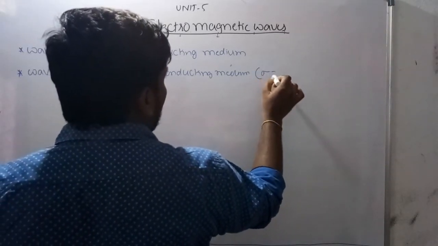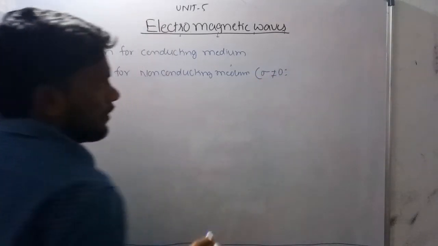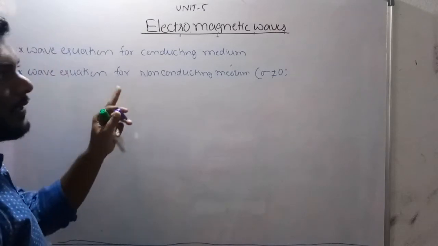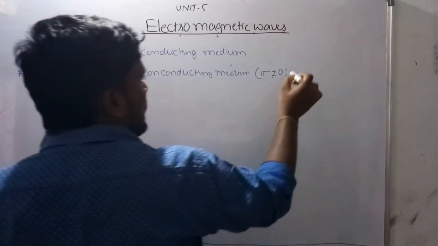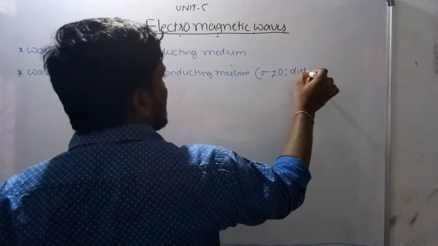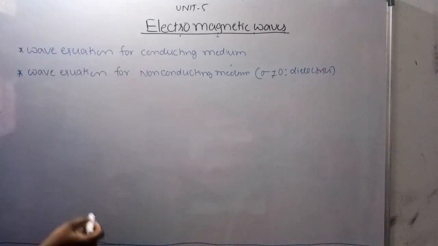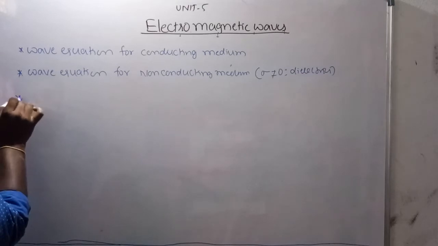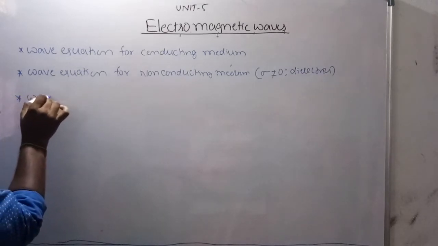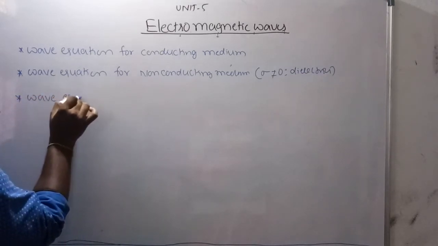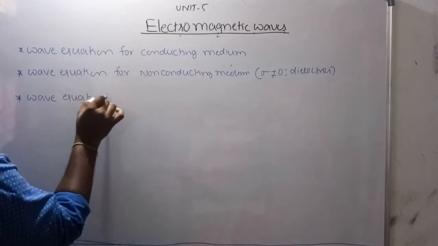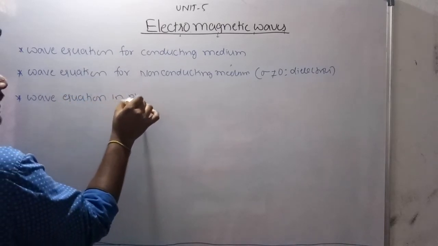In non-conducting materials, the conductivity is not equal to 0. These are called dielectrics. Then I will discuss the wave equation in phasor form.